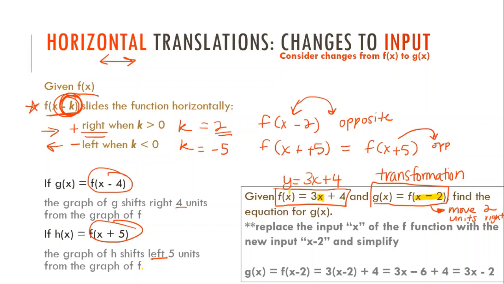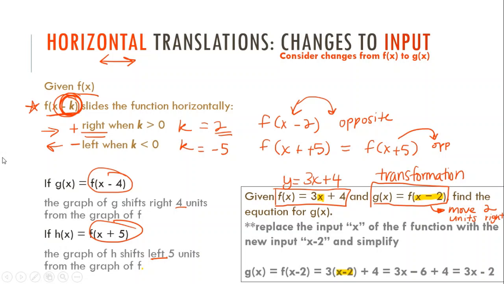Notice in my equation here, I have 3 times x. So I'm going to take this x minus 2 and plug it in where I have this x. So here I've got 3 times x minus 2. I've just picked up what my translation is.